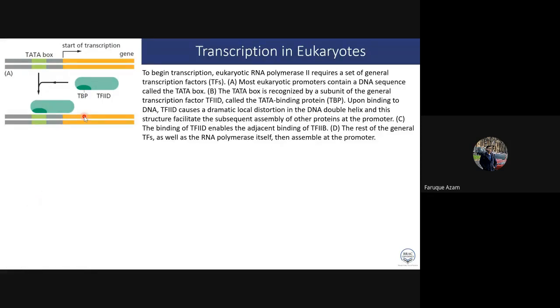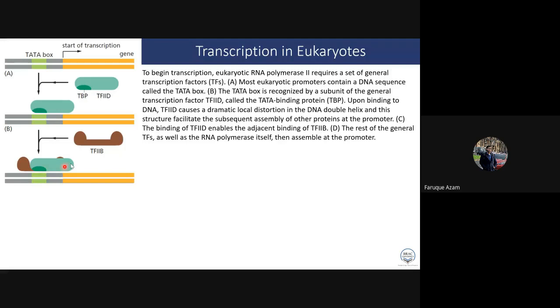So next, whenever this transcription factor 2D binds to the TATA box, it distorts or changes the shape of the whole promoter region, and by this change it recruits other transcription factors. As you can see, next the transcription factor 2B comes and attaches to the previous transcription factor, which is transcription factor 2D.